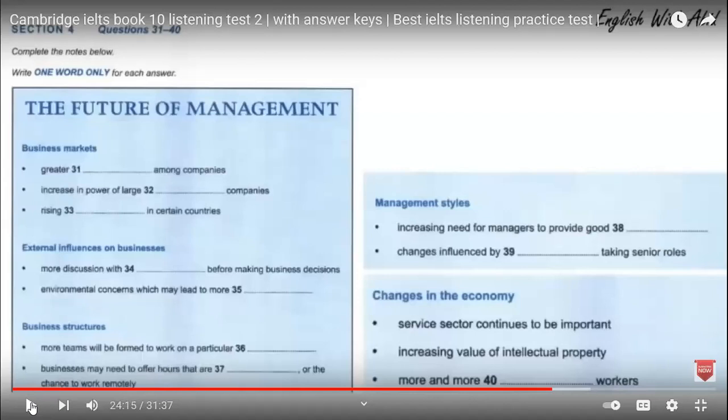Okay, well, we have got the information for 37. Flexible, yeah. Technology, remote working, with people based at their home, abroad, or almost anywhere they choose.